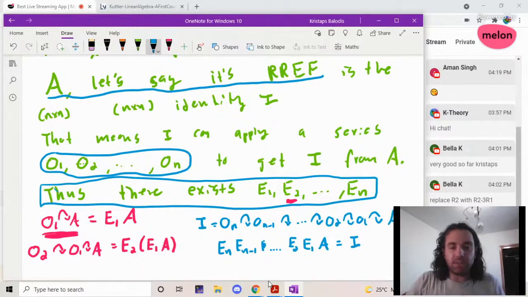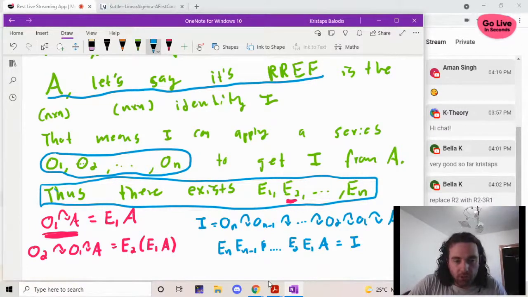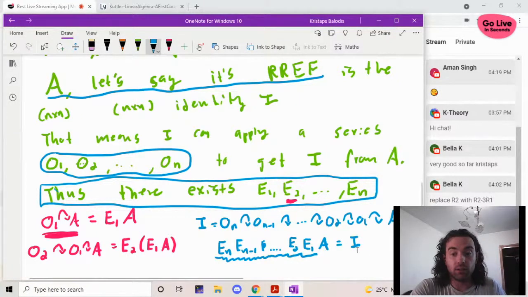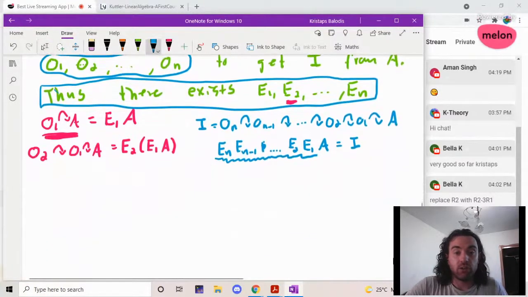But what does that mean? These are all matrices, right? I've got n matrices here. So if I simply multiplied each of these matrices together, then I would get one single matrix, right?